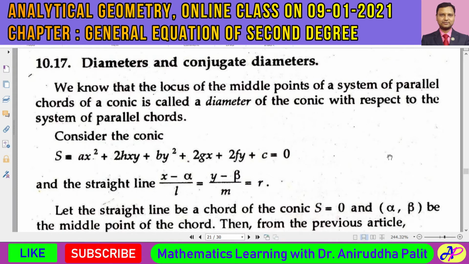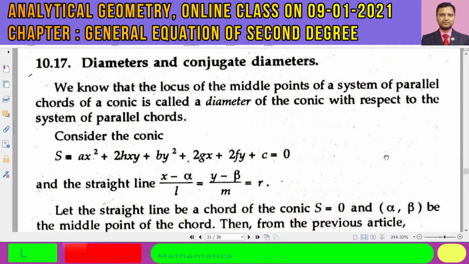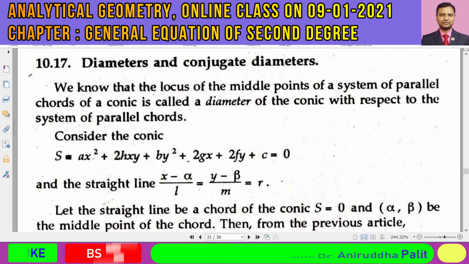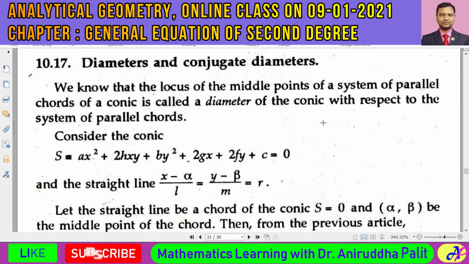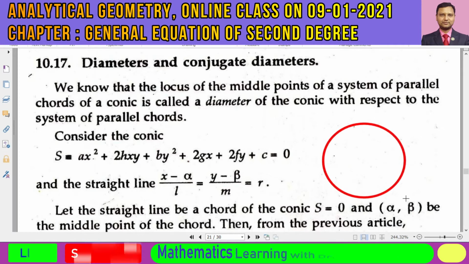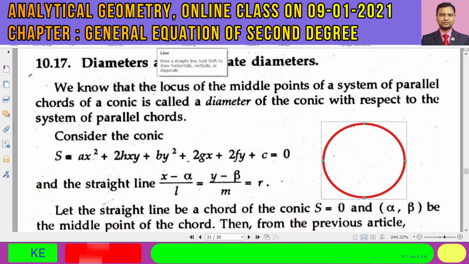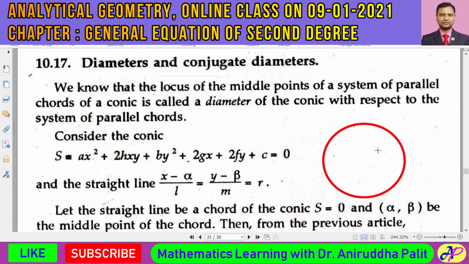It may be a parabola, a hyperbola, or an ellipse. So what is the observation regarding the diameter? Suppose we have a circle. I am starting the observations from the circle, because that is the standard result you know about diameter.